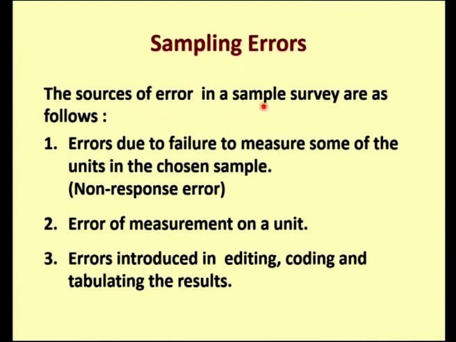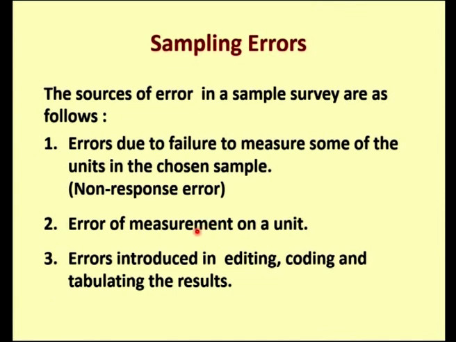Of the sources of error in samples, we have 3 different types: errors due to failure to measure some of the units in the chosen sample. That is also termed non-response error. This may occur by oversight or, with human populations, because of failure to locate the same individual or their refusal to answer the question.